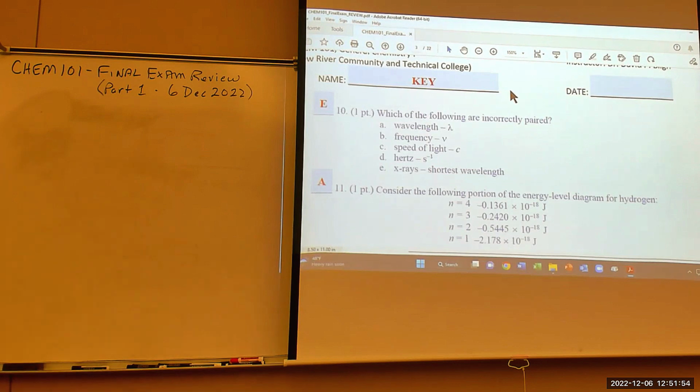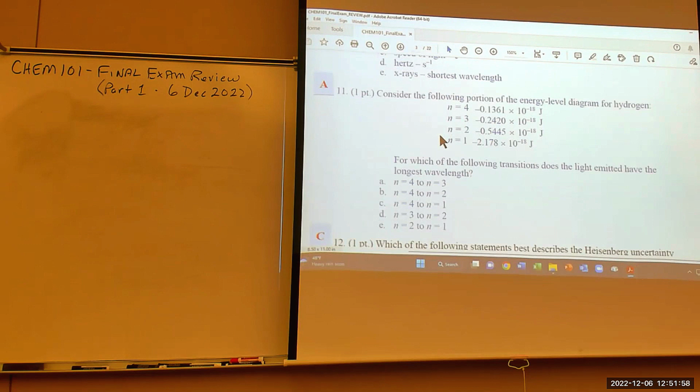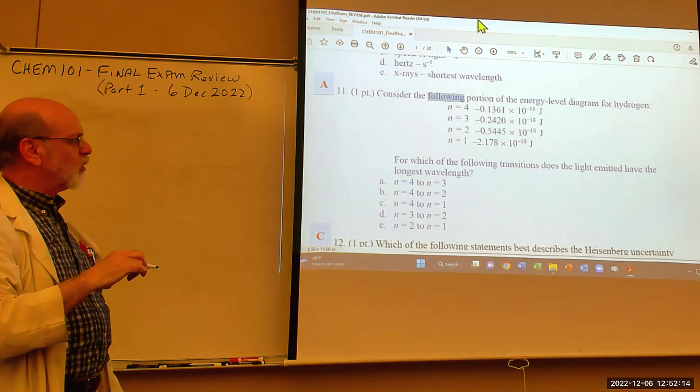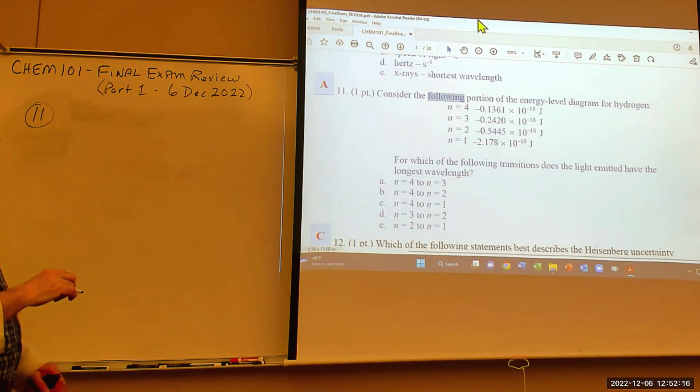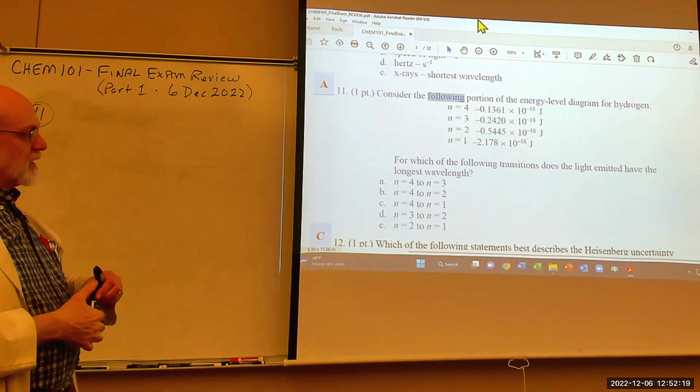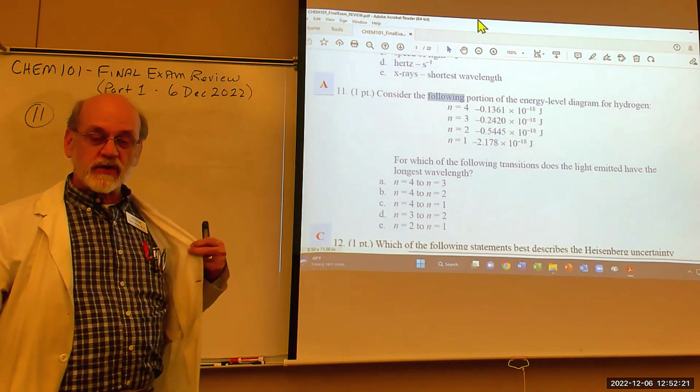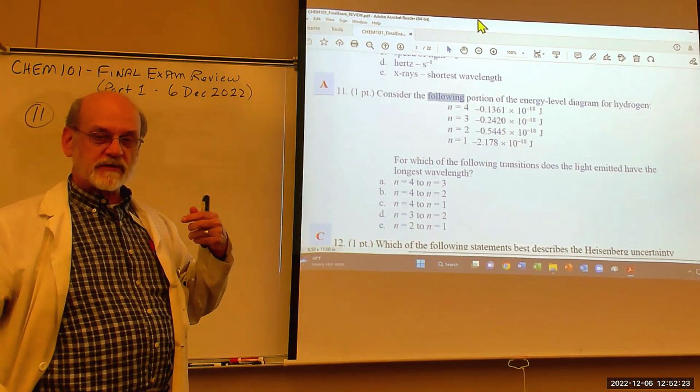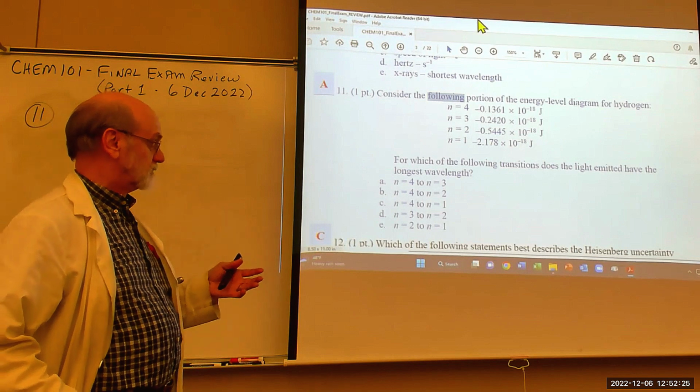All right. Scroll that one a little bit. Okay. 11. Oops. What did I do? There we go. 11. Consider the following portion of the energy level diagram for hydrogen. So these are actual energy values for the principal quantum numbers N1 through N4.